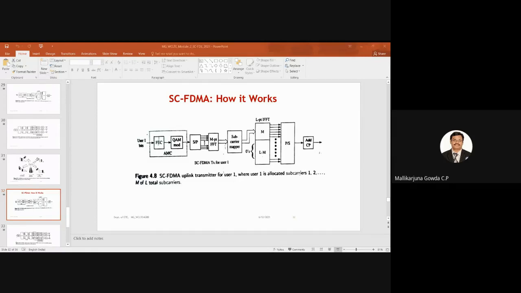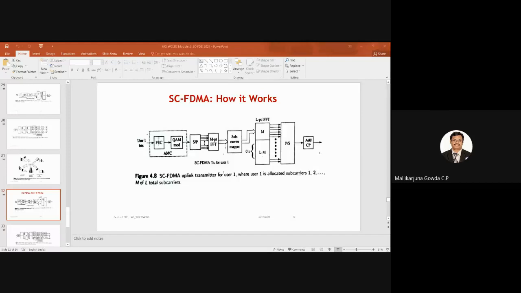To increase the linearity range of the power amplifier, we need to use a costly power amplifier, and that cost cannot be paid by the user equipment. That is why OFDM is not preferred for uplink. The second aspect is power consumption. Your user equipment is a handheld device, and it should consume as little power as possible. But OFDMA consumes a lot of power because of the high power amplifier. That is why it is eliminated and SCFDMA is preferred.